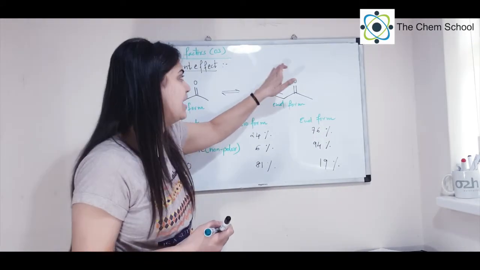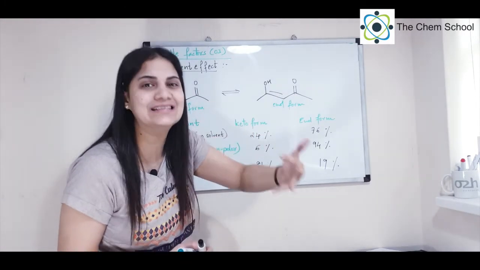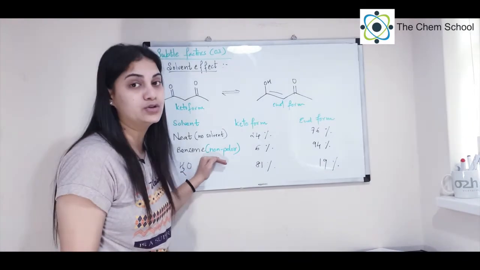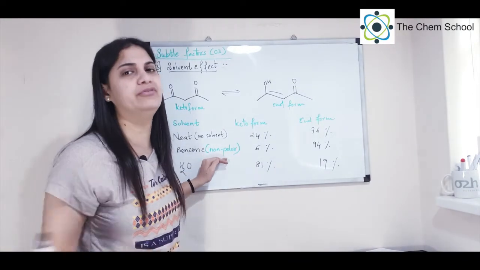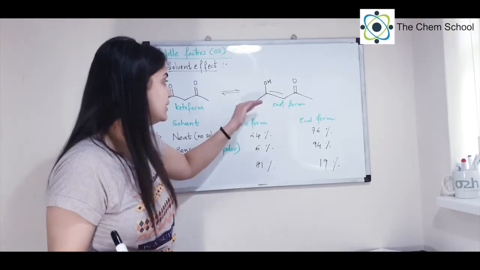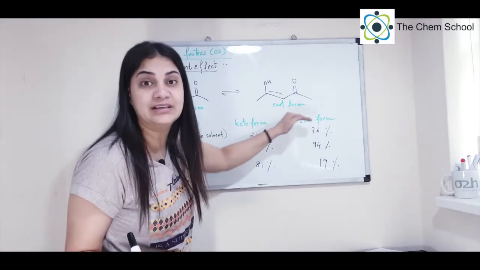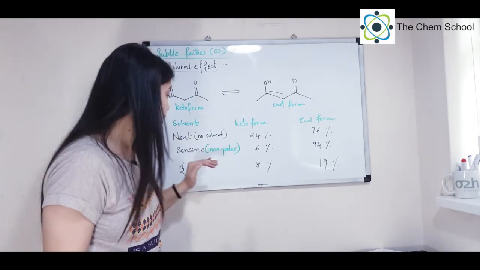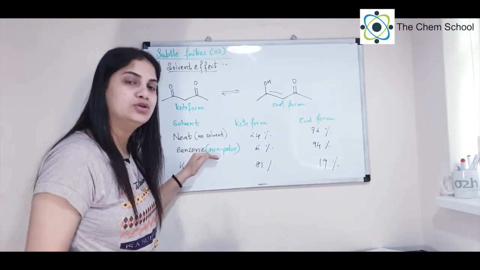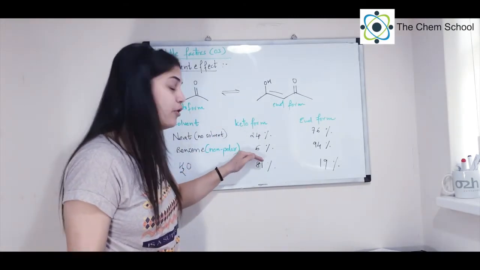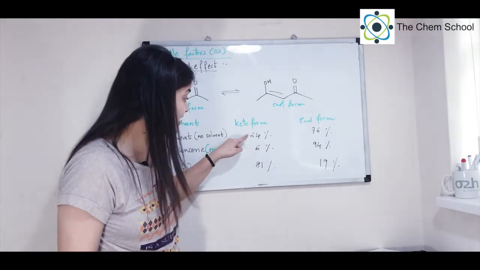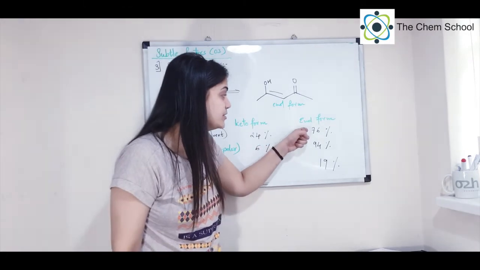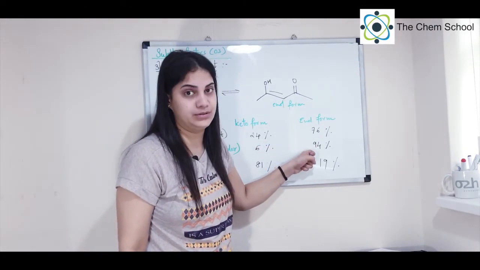If you want to increase intramolecular hydrogen bonding, you should have more non-polar solvent, because the solvent will not interfere in hydrogen bonding, so that the molecule can have hydrogen bonding amongst itself. So in a non-polar solvent, the keto form is only 6%. It has decreased from 24% to 6%, while the enol form has increased from 76% to 94%.